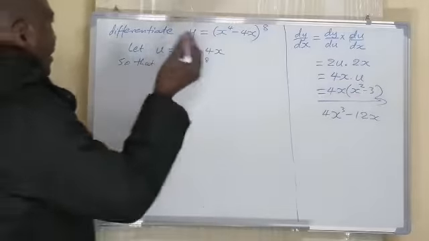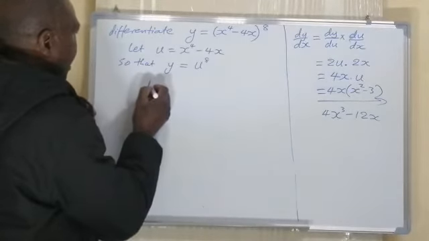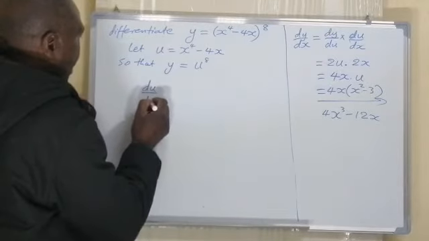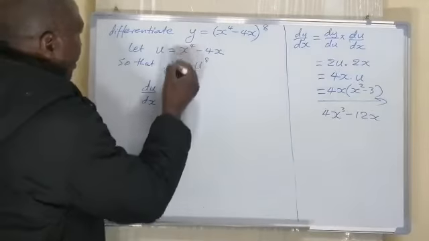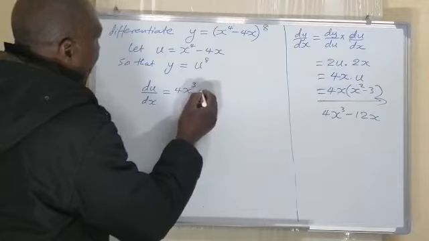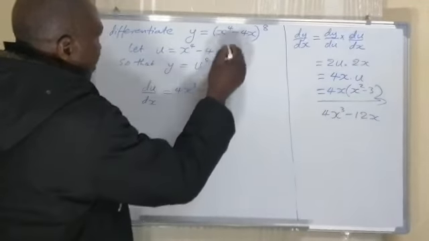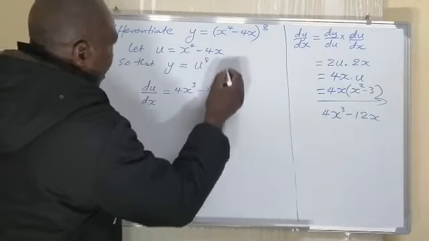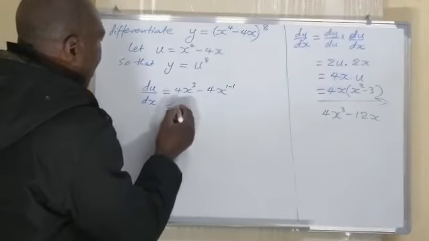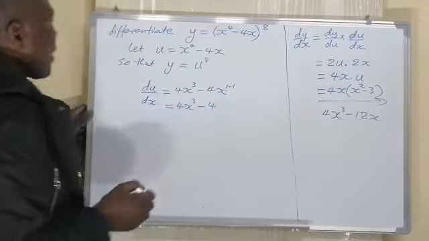When the situation is like this, then we can start by differentiating that one at the top, which is du over dx. It will be 4x to the power 4 minus 1, which is 3, minus 4x to the power 1 minus 1. So this becomes 4x to the third minus 4.